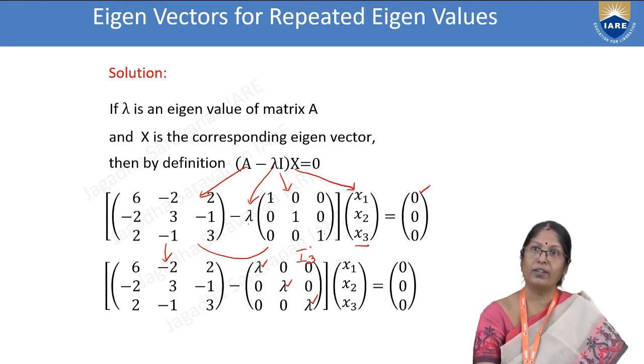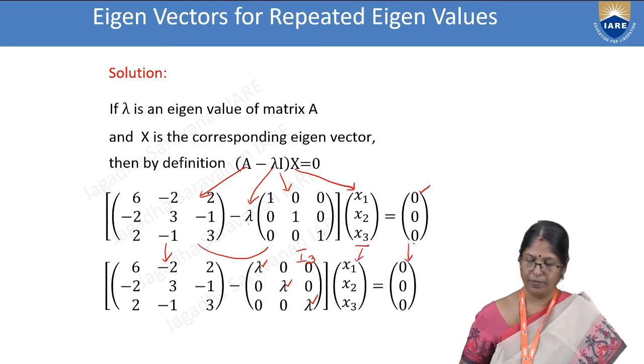The remaining ones are 0 into anything, which is 0, so all the others are zeros. This is also written as it is.